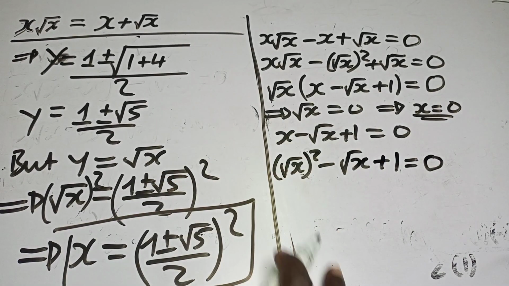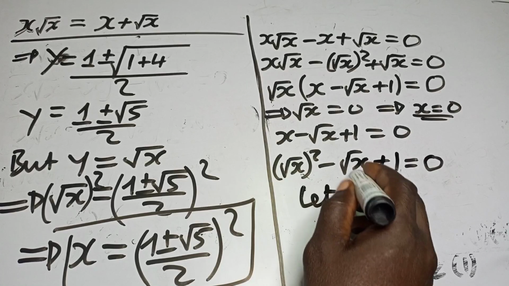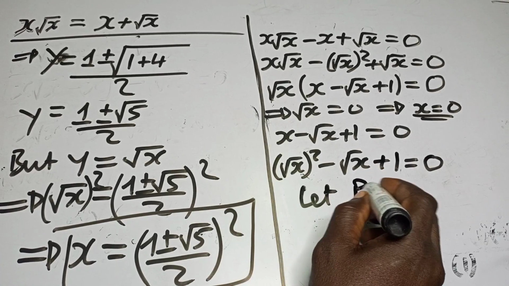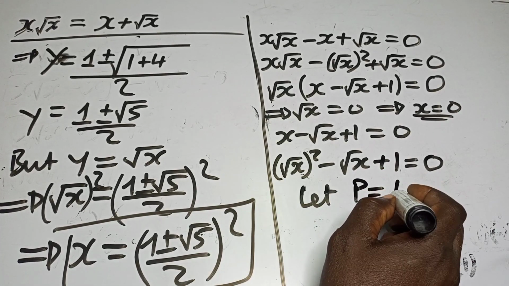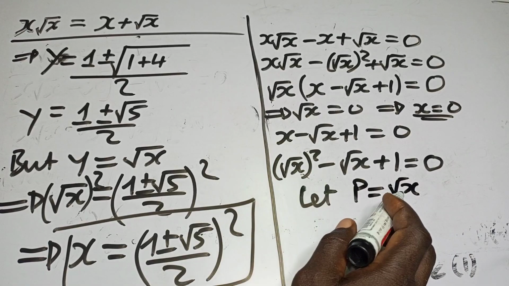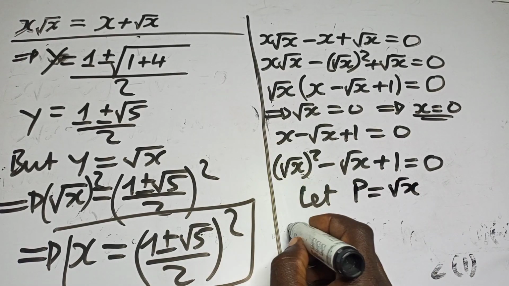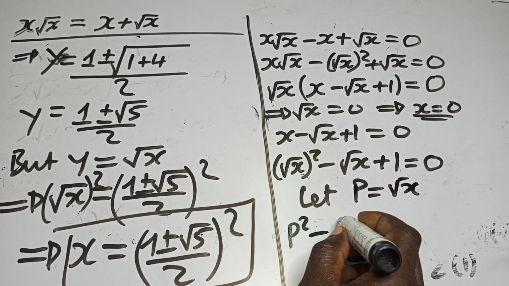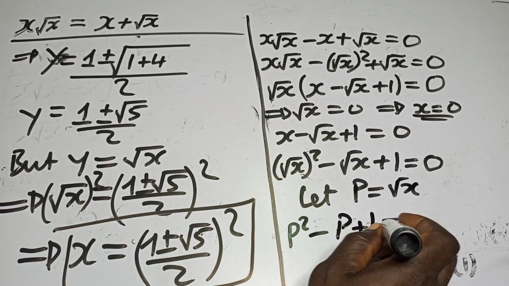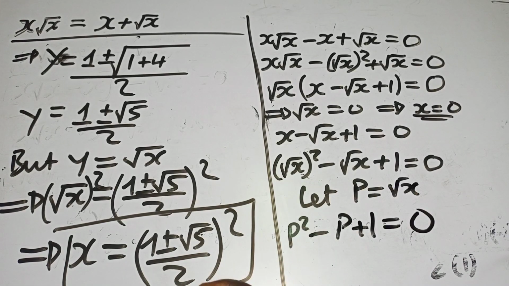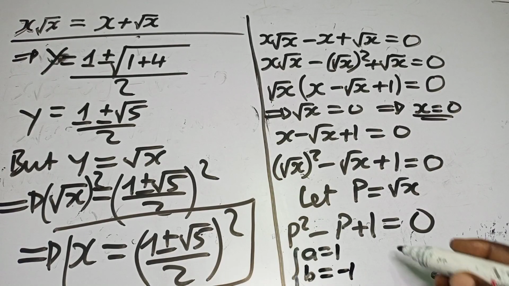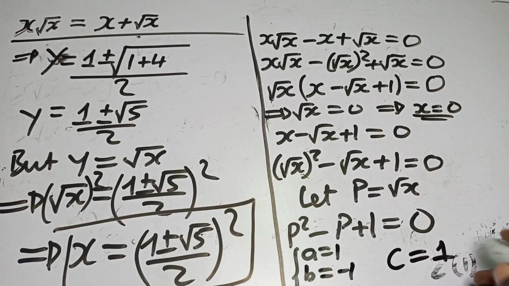So if we do a substitution, maybe we'll take a different letter now. Let p be root x. Wherever we see root x, we'll put p. So we're going to have p squared minus p plus 1 is equal to 0. This is a quadratic in terms of p. We'll collect our coefficients. a is 1, b is negative 1, and our constant c is positive 1.